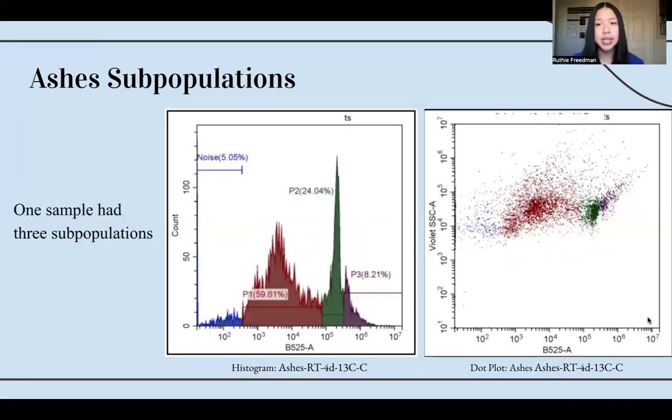And then lastly, Ashes was the only site to have 3 populations observed in a sample, and only one of these samples had 3 observable subpopulations. So you can see here in the red, the green, and the purple. The purple is kind of a small population that's a little harder to distinguish looking just at the dot plot, but because we have the histogram, we are able to identify it as a population.